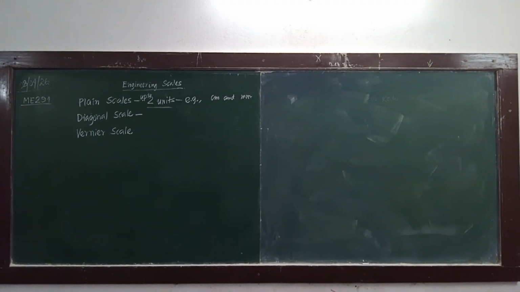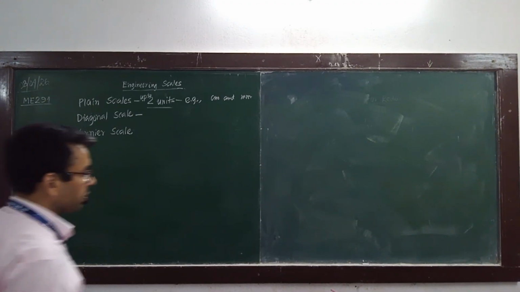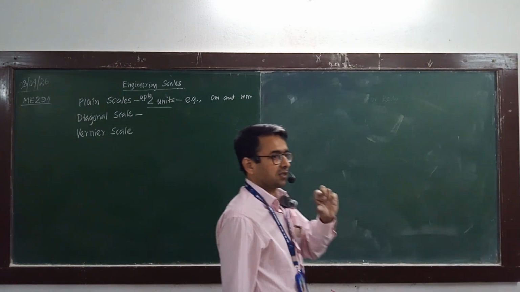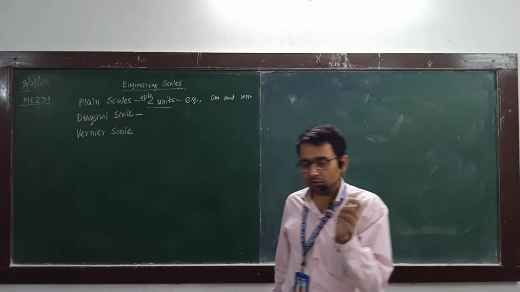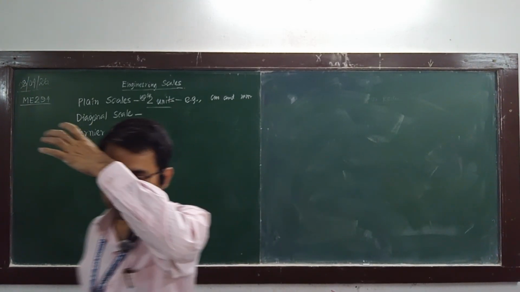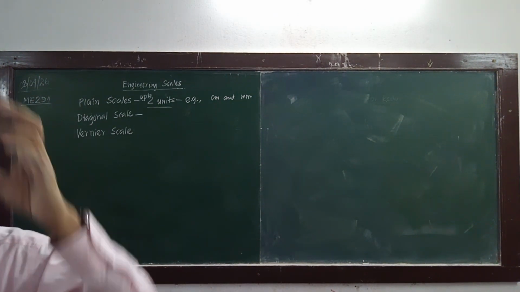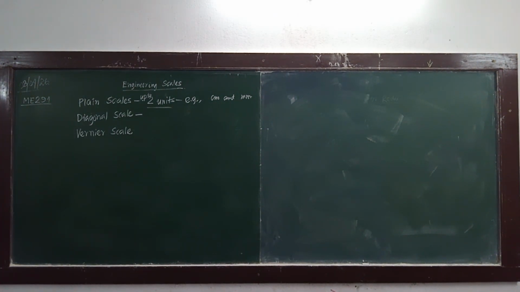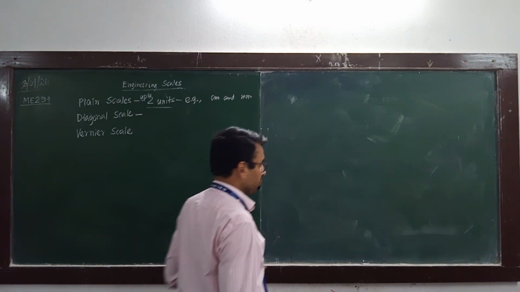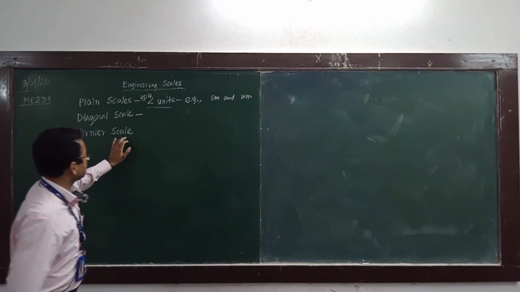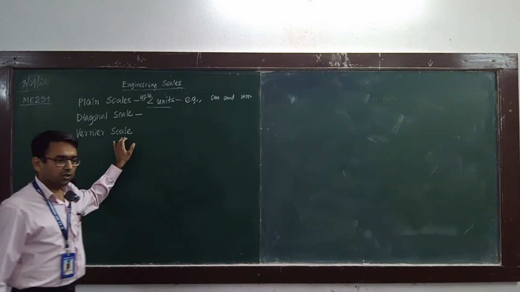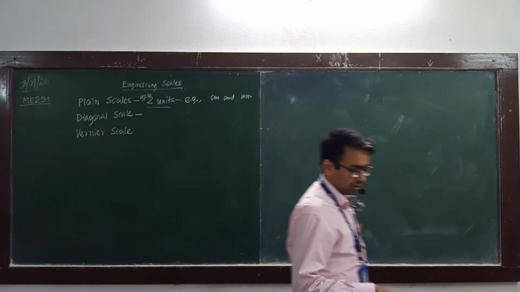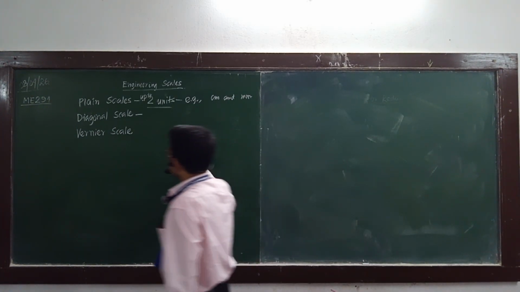There will basically be two scales. One is the plain scale, another is the Vernier scale. So what will be the matching? Wherever we get the matching, accordingly we will be able to measure, right? So there is a combination. This is a combination. That is also a combination. Okay. So this way we will continue. We will do one by one.